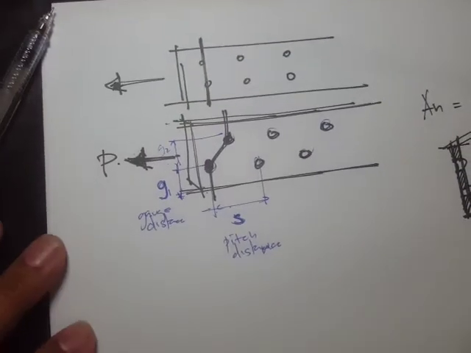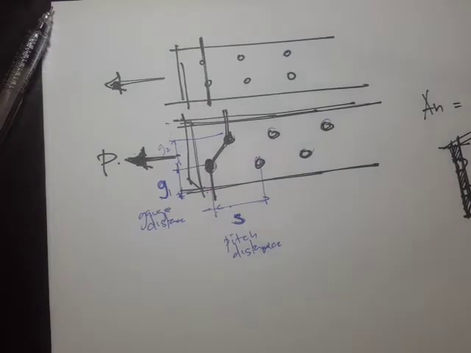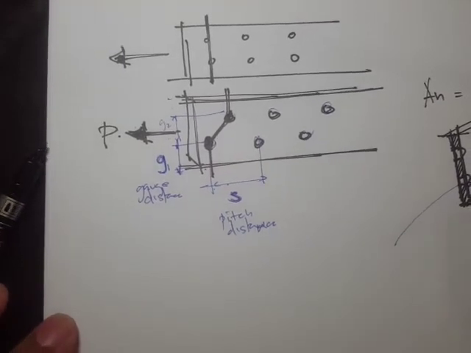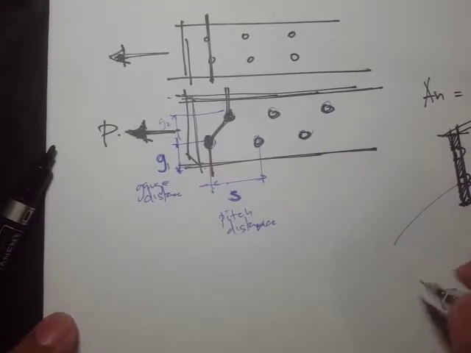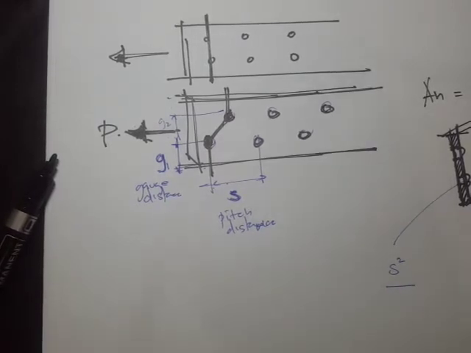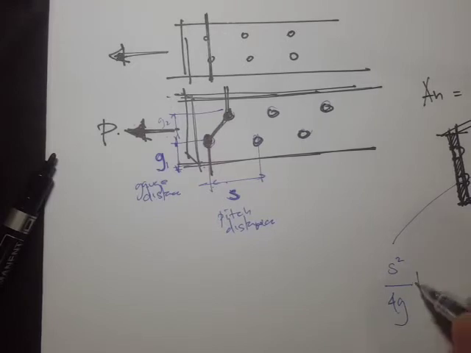This diagonal area can be computed using s squared over 4g times d.